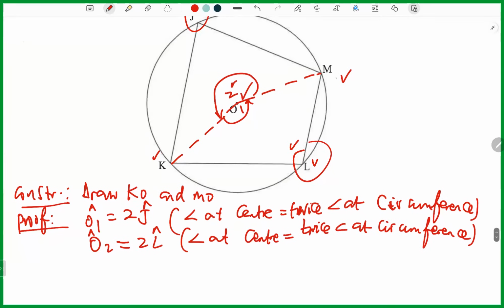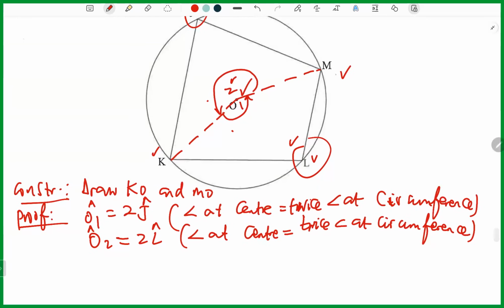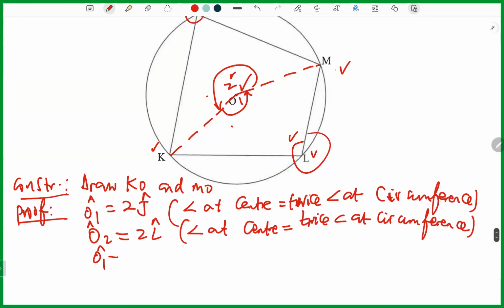And then now angle O1 and O2 when added together is 360 degrees. And this means these are angles around a point.